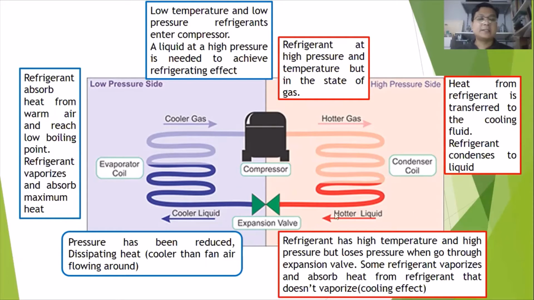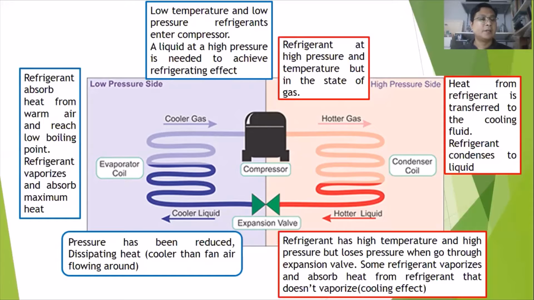This is the cycle system, the principle of the HVAC system. As we know, with low temperature and low pressure, it is easy to change the temperature to a low condition.